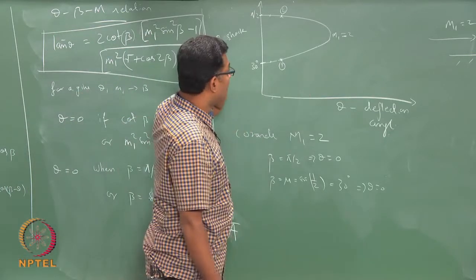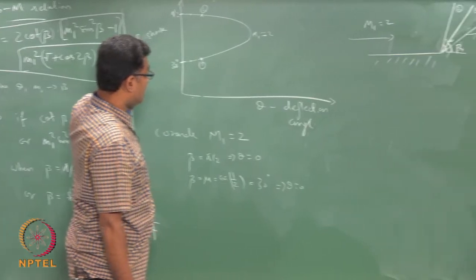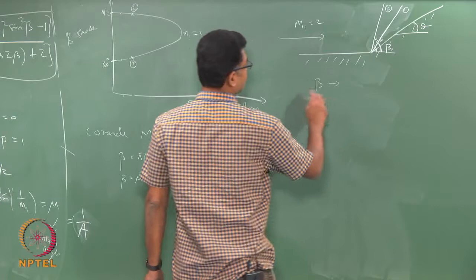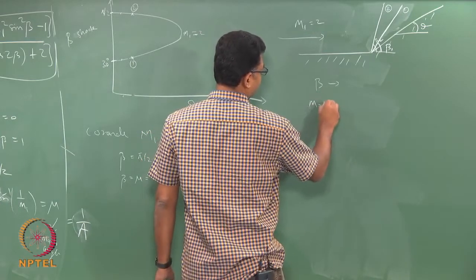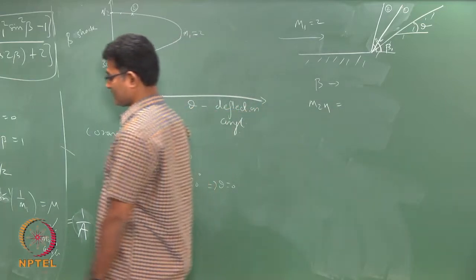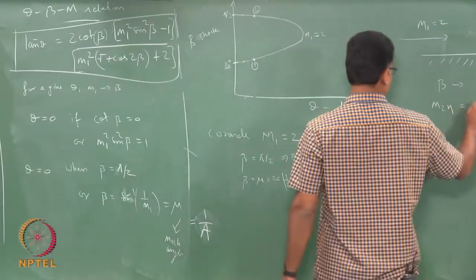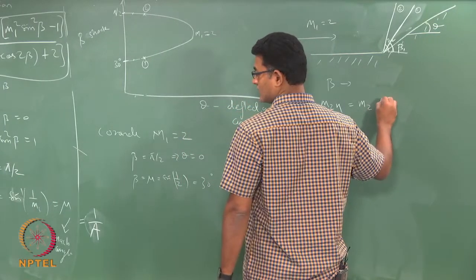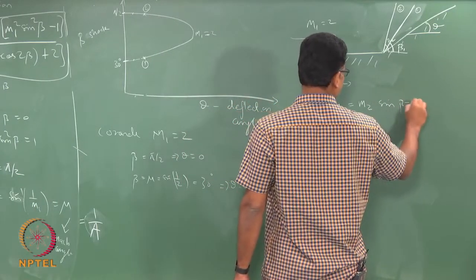Okay. So, if you know beta, I can find my M2n, which is M2n is M2 by sin of beta minus theta.